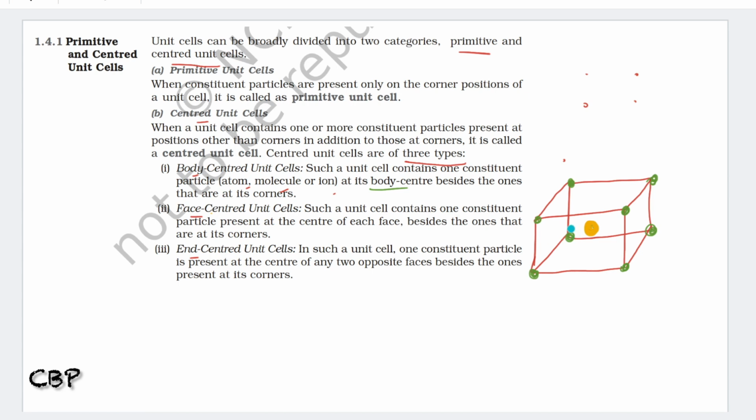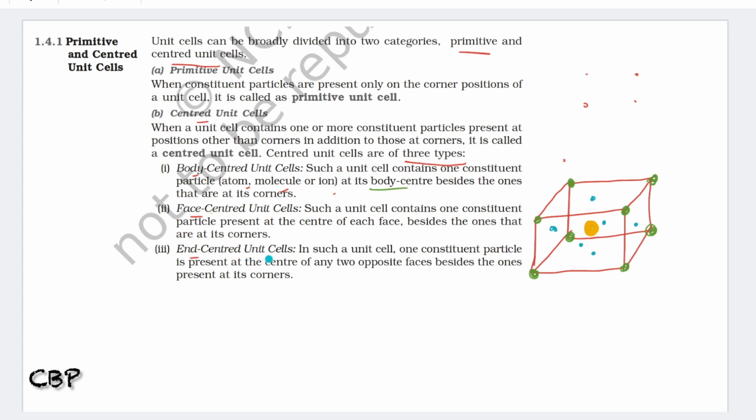Like a cube having 6 faces, each face has an atom at its center position. These are the 6 atoms that are present on the faces, so in face centered, atoms are on the faces and on the corners.